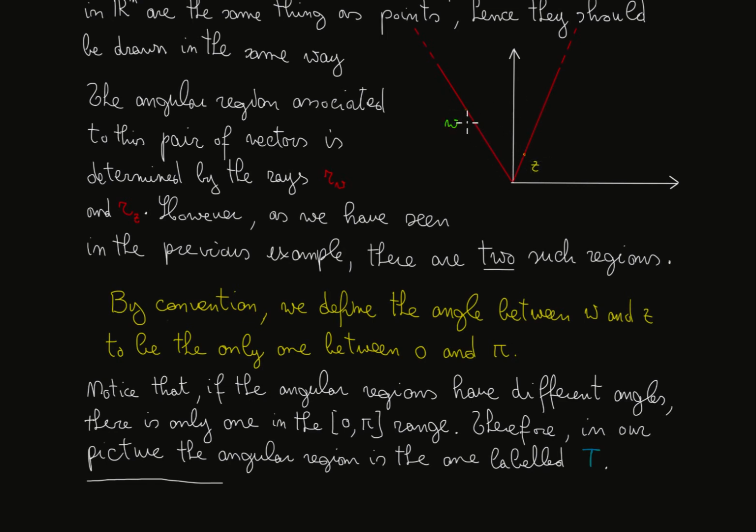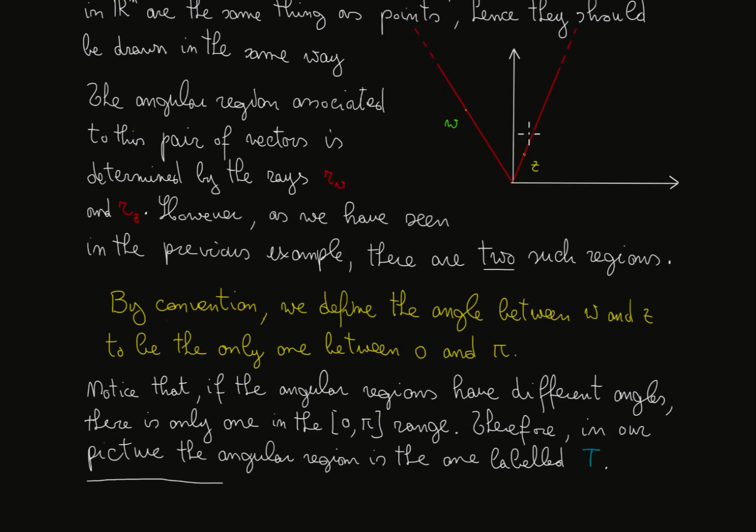In the case W and Z are opposite to each other, the two regions have an angle exactly equal to pi in both cases. Then it doesn't really matter which region we take, because in both cases the angle will be just pi.